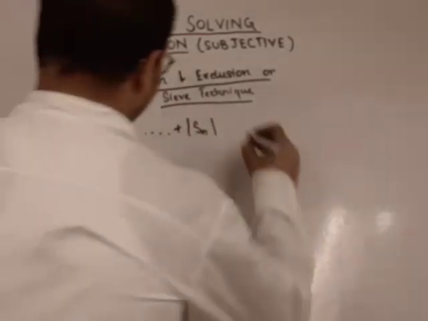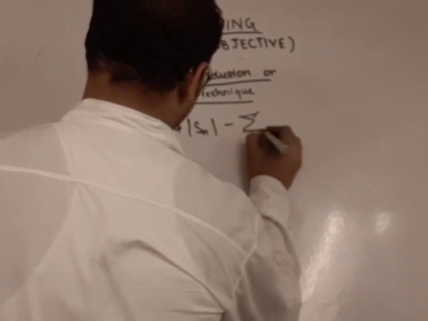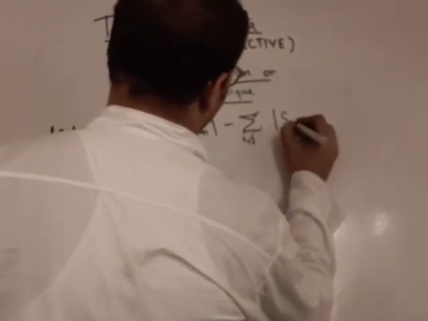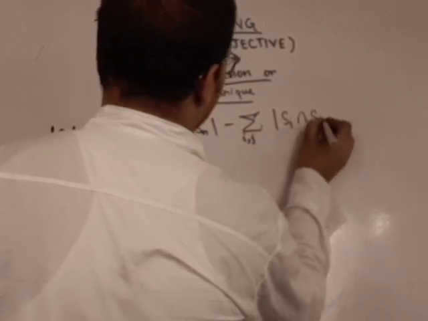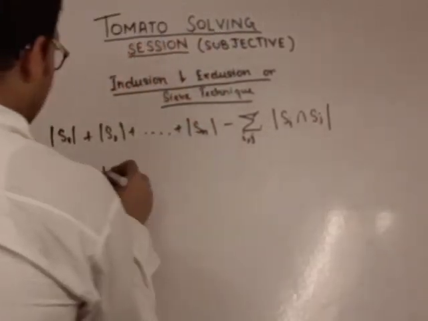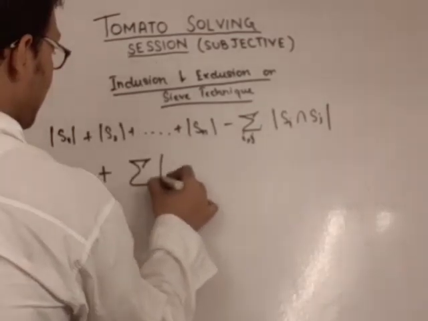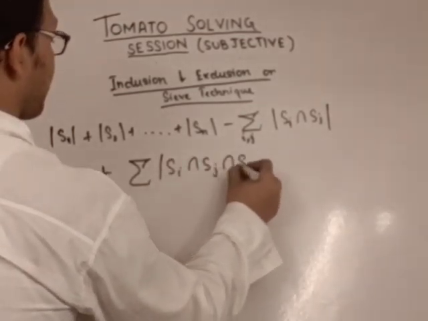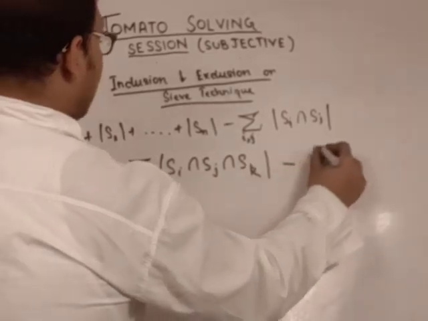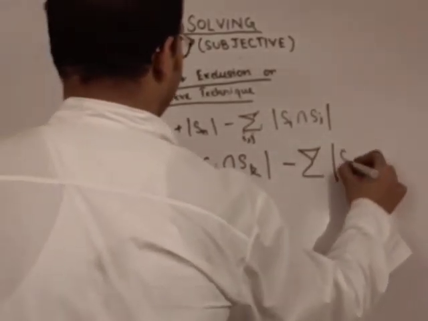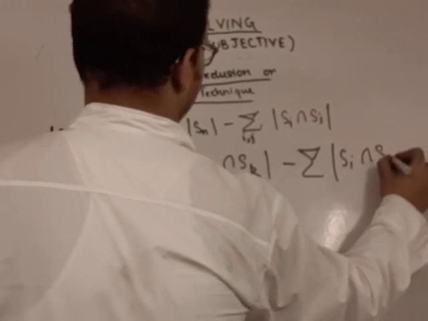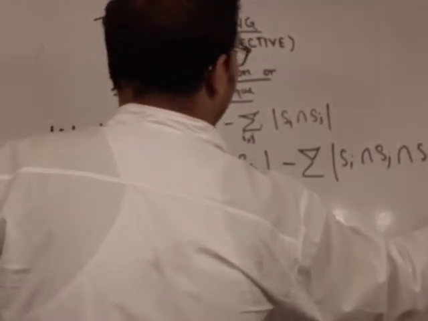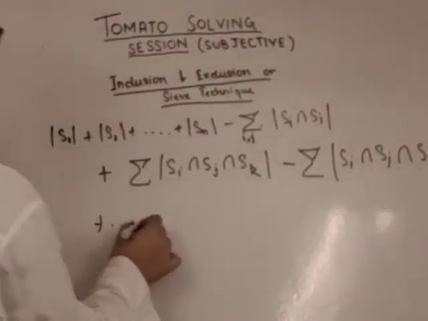Exclude what is not needed. Again, include what is needed. Exclude what is not needed. And it goes like this.